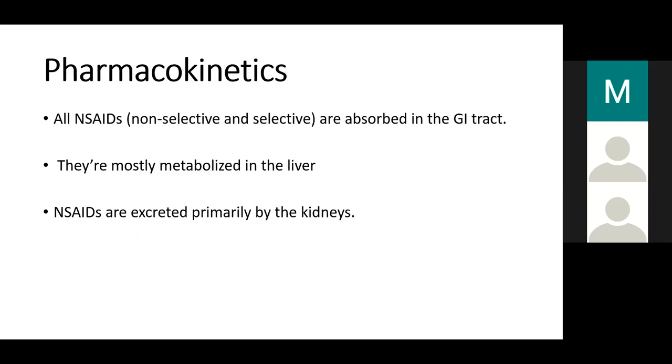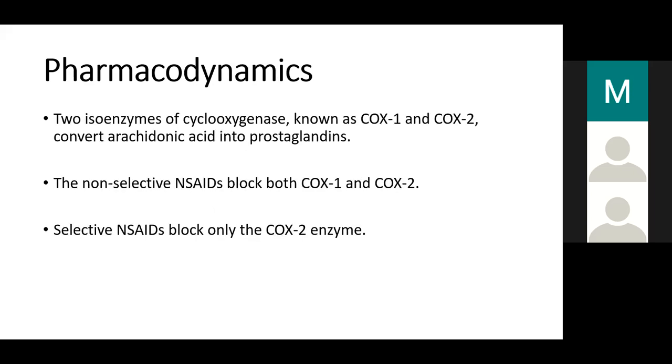So all of them are absorbed well in the GI tract, and they are metabolized in the liver, excreted by the kidneys. So in order to understand the side effects or the reason for the selectivity, there are two isoenzymes of cyclooxygenase, and cyclooxygenase is an enzyme which converts arachidonic acid into prostaglandins.